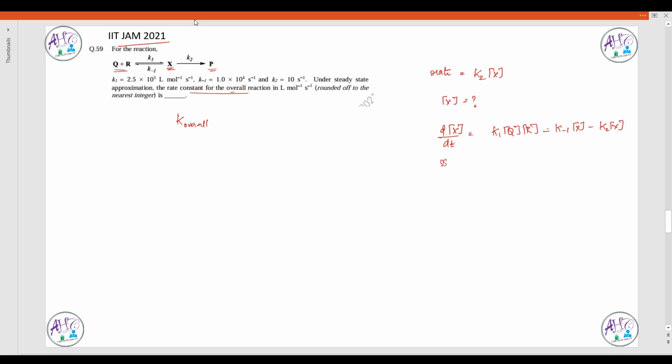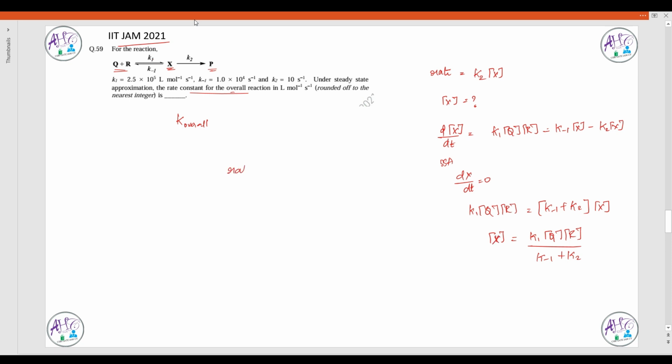Again, when applying the SSA, steady state approximation, your dx by dt will be equal to 0. So K1 concentration of Q concentration of R will be equal to K minus 1 plus K2 into concentration of X. So the concentration of X will be equal to K1 concentration of Q concentration of R by K minus 1 plus K2. Now we'll substitute the concentration of X value in the rate.